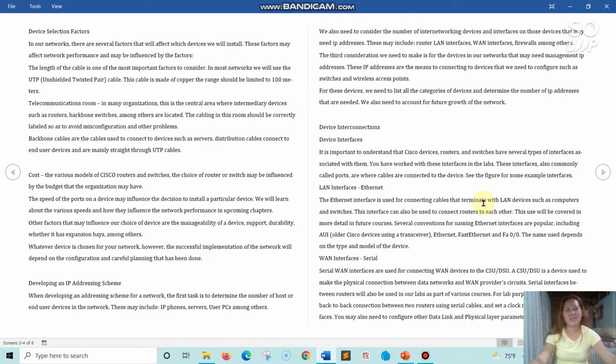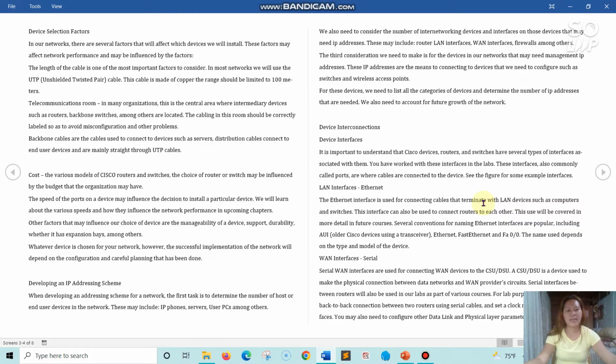Now, device interconnections and device interfaces. It is important to understand that Cisco devices, routers, and switches have several types of interfaces associated with them. You have to work with these interfaces in the lab. These interfaces, also commonly called ports, are where cables are connected to the device.